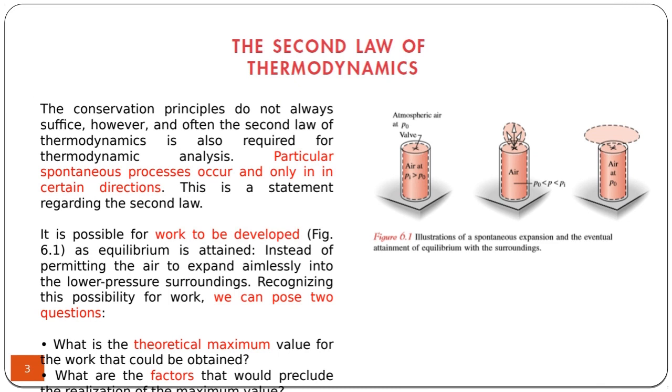According to the second law of thermodynamics, the processes occur in certain direction, but not in any direction. What do we mean by this? For instance, heat moves from high temperature to low temperature and never in the opposite.